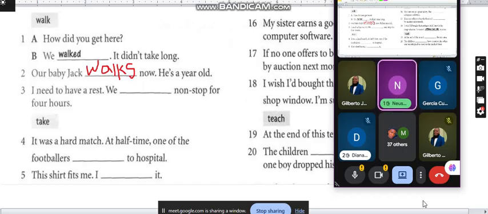So my justification is we are talking about something that they already did before and they will continue working. So that's why I say have been working. Okay, thank you so much.